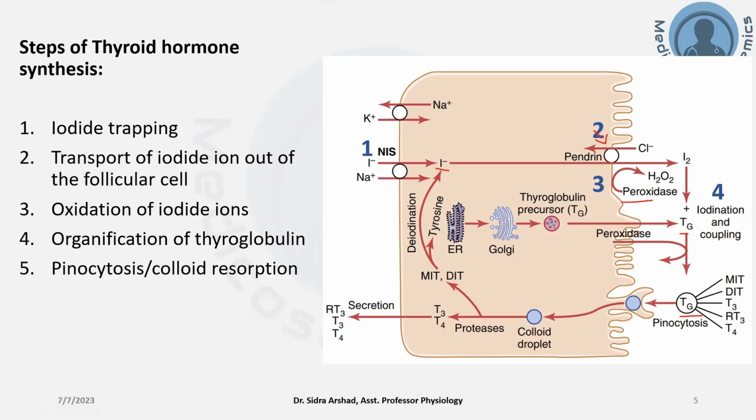Once it is endocytosed by pinocytosis, this colloid droplet, you can see right over here, has reached inside of the cell. Now it is present in the cytoplasm of the follicular cell.